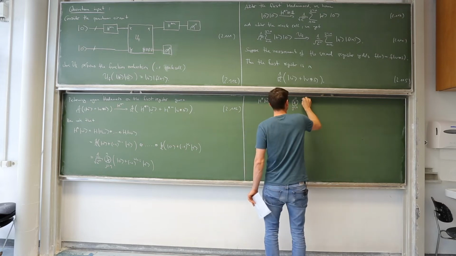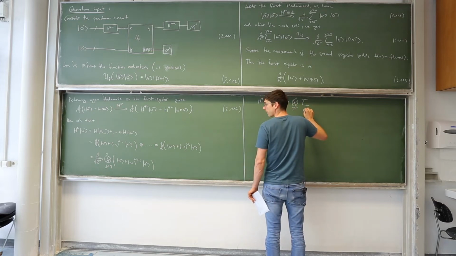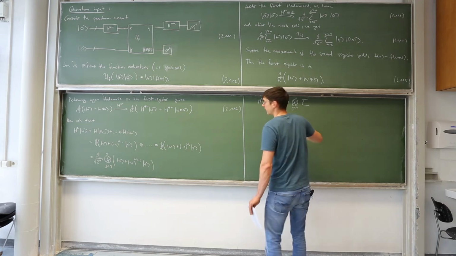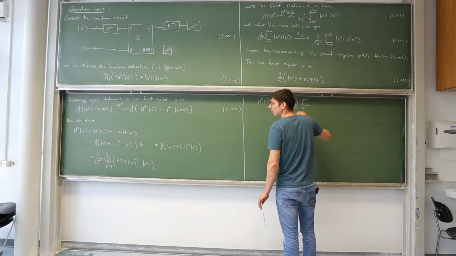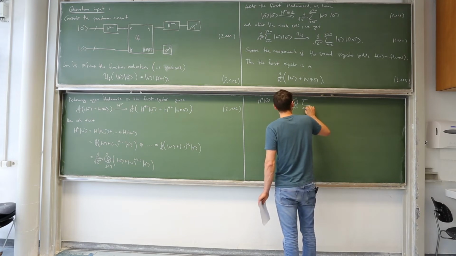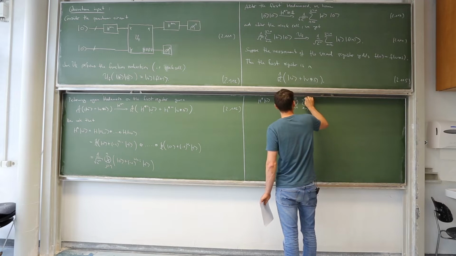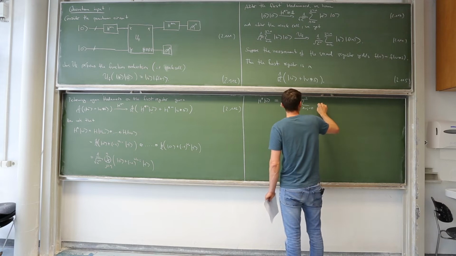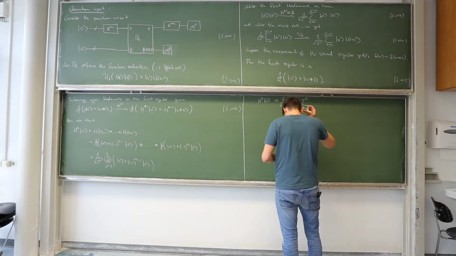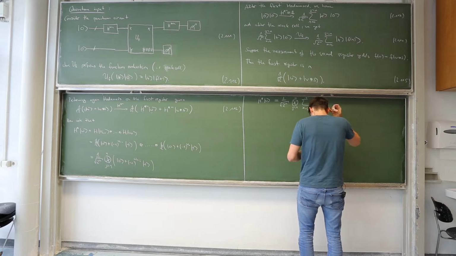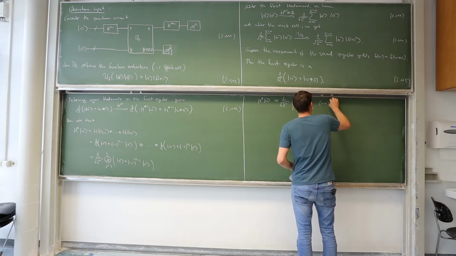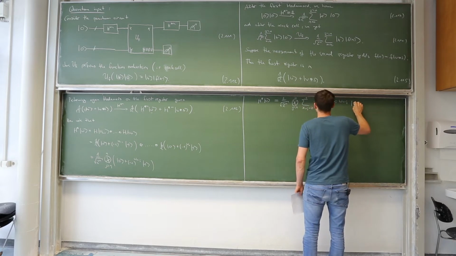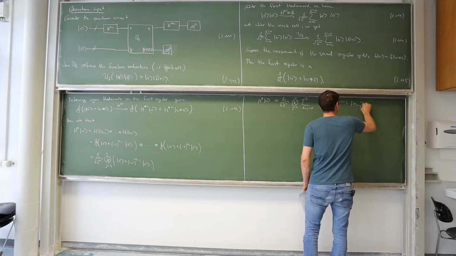And then we have the sum over, let's call this x n minus j, minus 1 to x n minus j w n minus j, and then x n minus j.